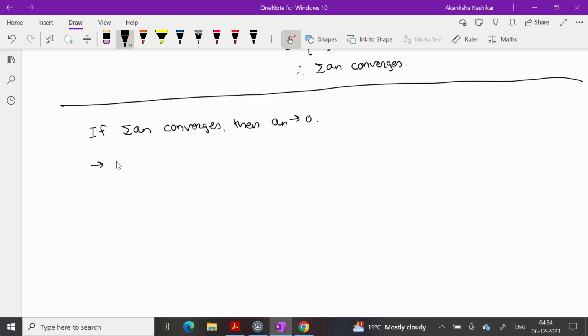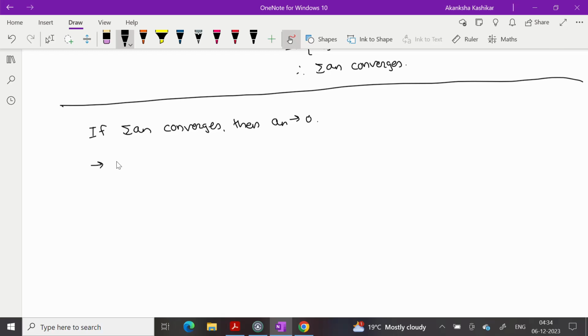Okay, this is kind of obvious. Why? Because we are saying the series is an infinite sum, and that sum converges to a certain value, which means the later terms do not add much to the original sum, so they must be going to 0, because otherwise the sum will keep on changing.